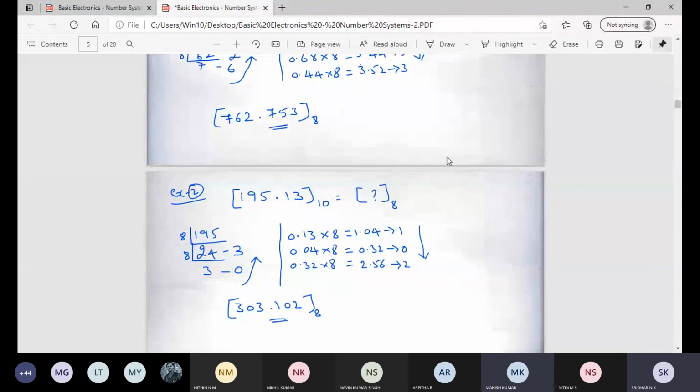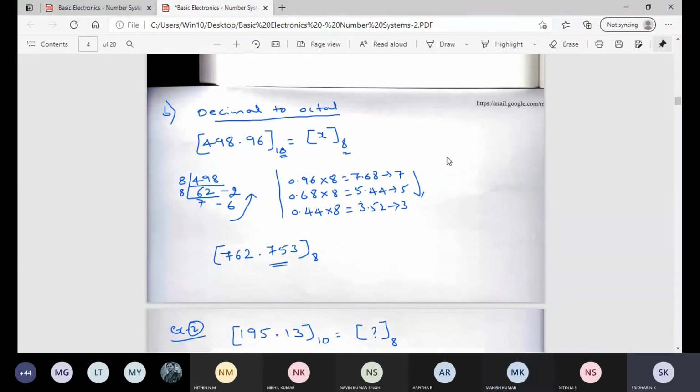Now we'll see the third type of conversion in this procedure, that is decimal to hexadecimal.